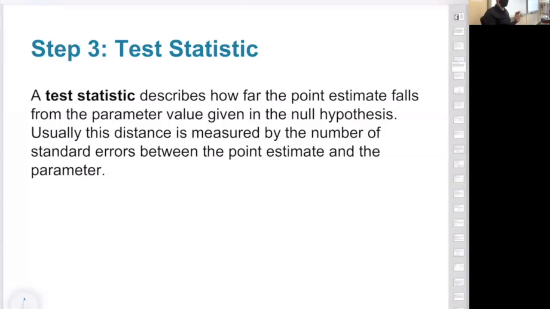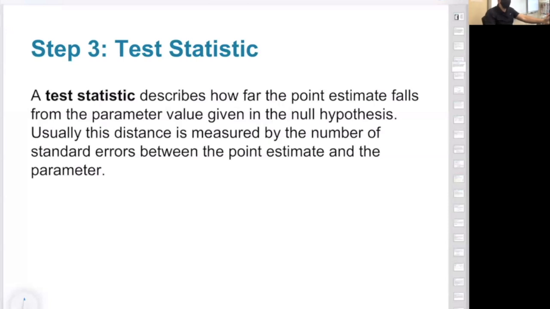Same thing. By these two scores, we measure how far the estimate point is from the parameter. But here, the value of this parameter we will find from the null hypothesis, or we will assume this value.